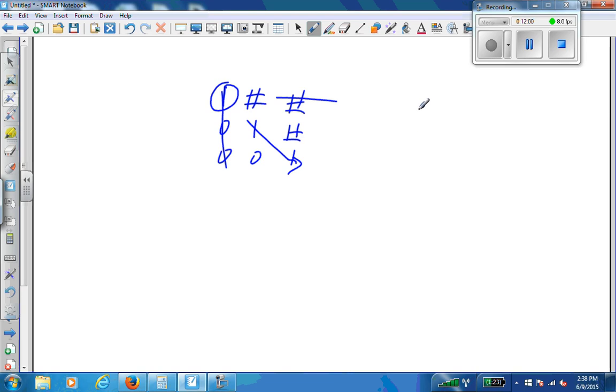But if we had a number, let's say a 1 here, a number, zeros under here, numbers here, we can expand down this column and we only have one that we have to do, one expansion.